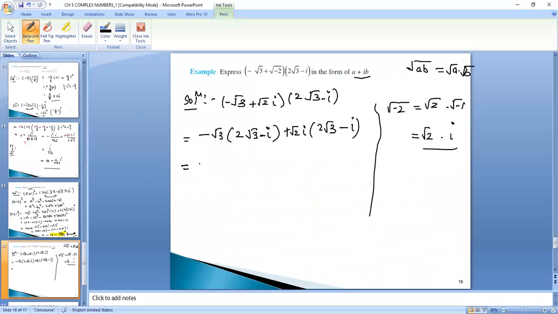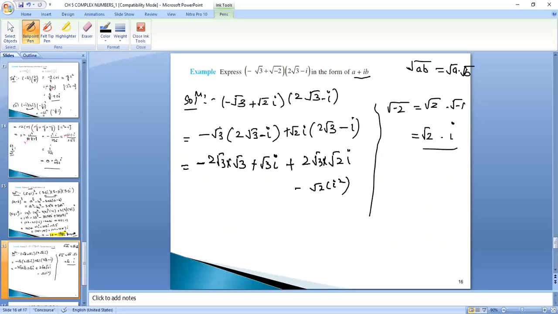It will be −2√3 into √3, plus √3 i, plus 2√3 into √2 i, minus √2 i into i, i².